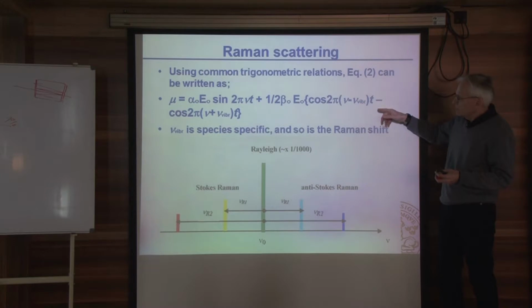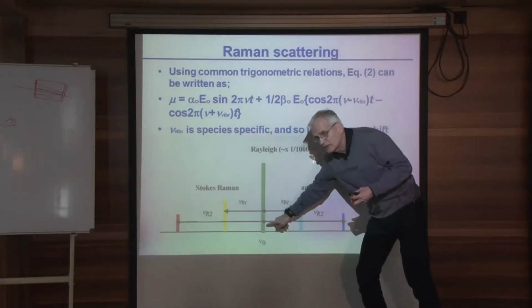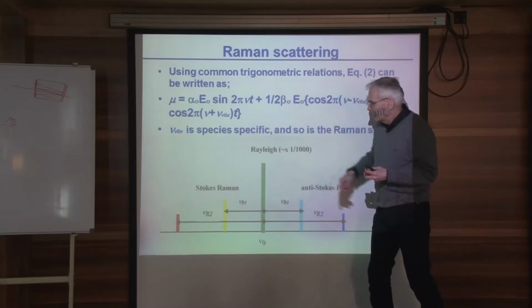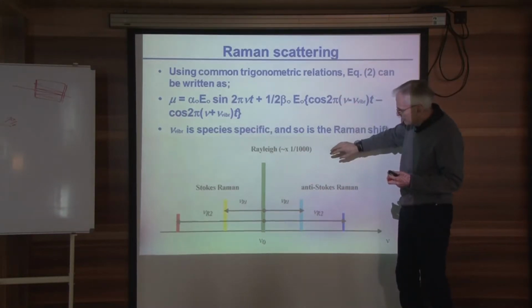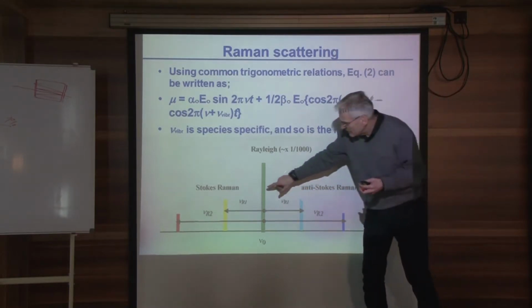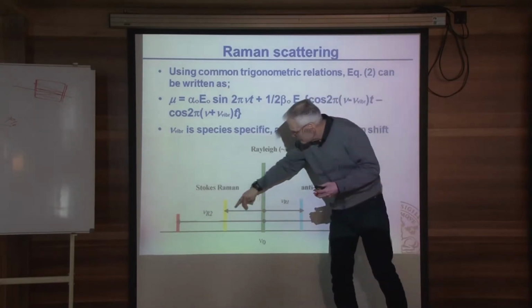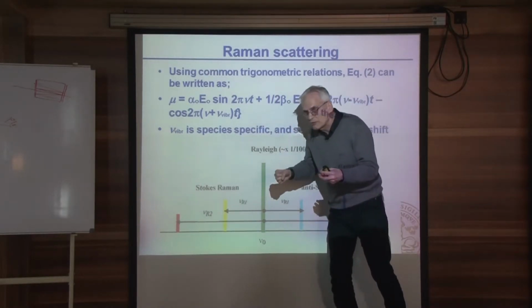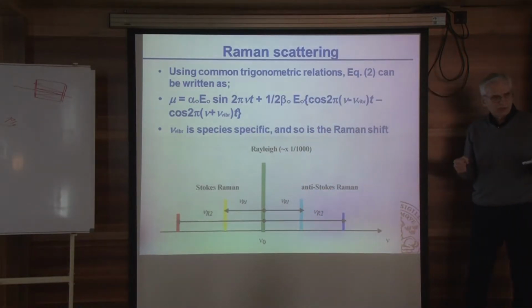And that means that you have one component exactly at the laser wavelength, right? And then you have components shifted to the high frequency side and the low frequency side, where the shift is the vibrational shift. And each molecule has a different vibration.